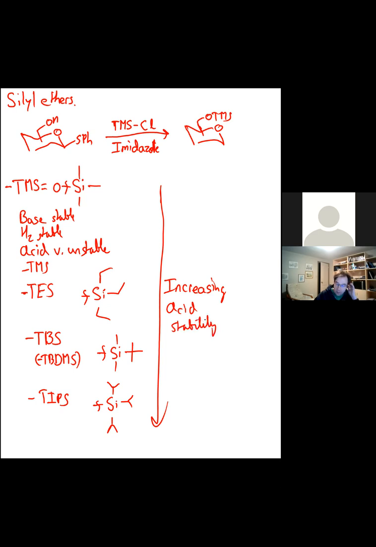So what does that mean? Well, what it means is that if you have OTMS and you hit that with acetic acid, the TMS falls off. Whereas if you have TES, you're going to need something more like HCl or TFA. You need a stronger acid.